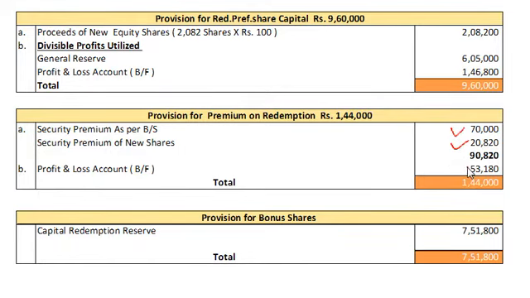So total securities premium available is 90,820, but we need 1,44,000. So the balancing figure is out of profit and loss account, that is free reserve, 53,180, and like this rupees 1,44,000 is provided.